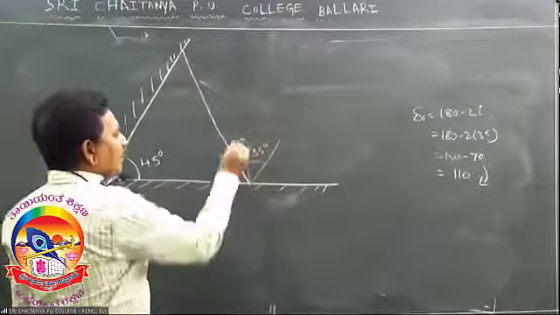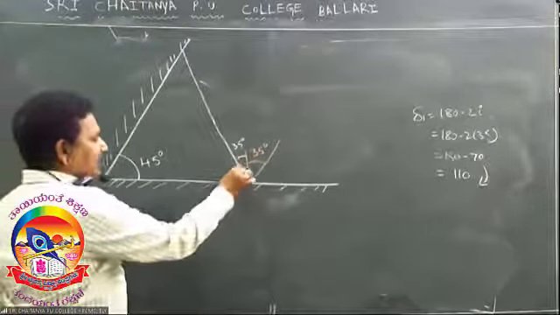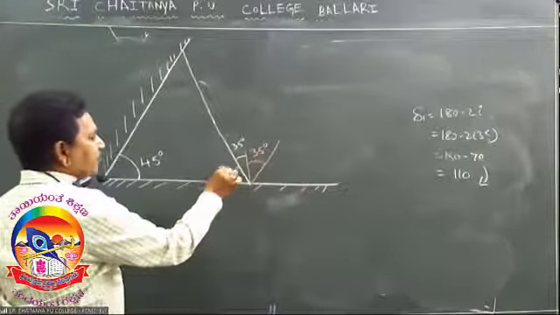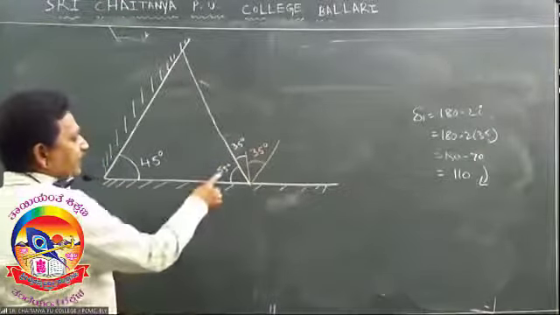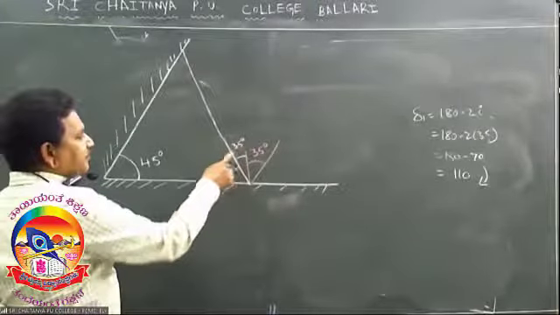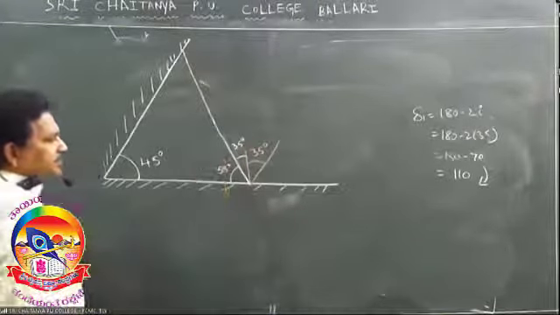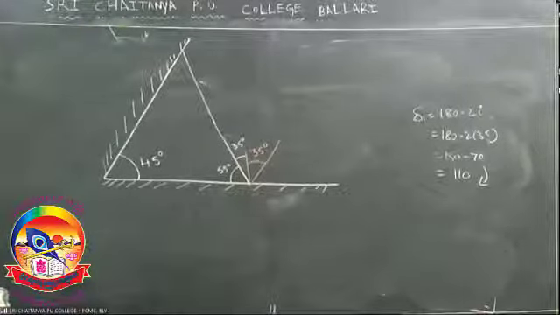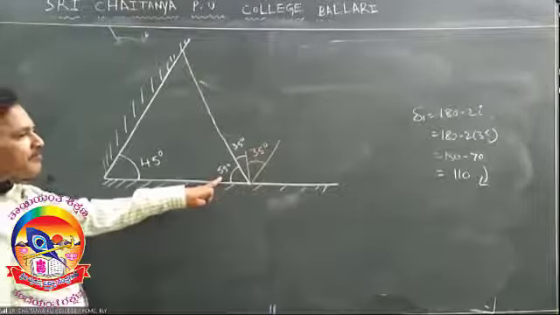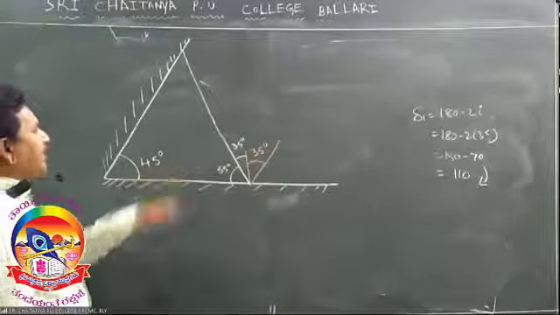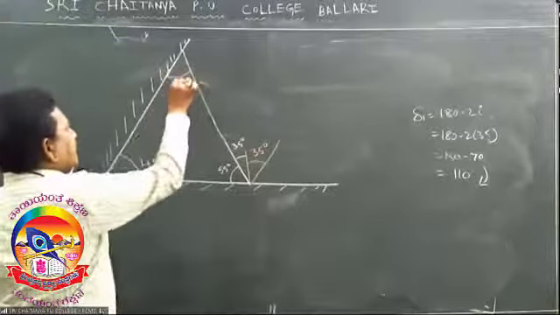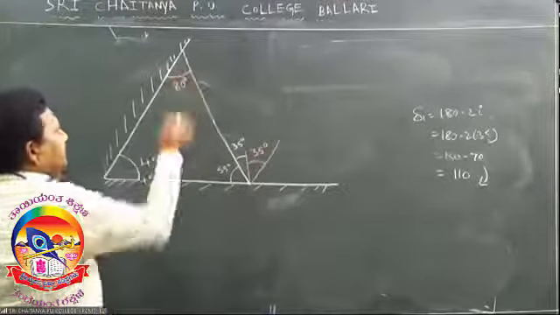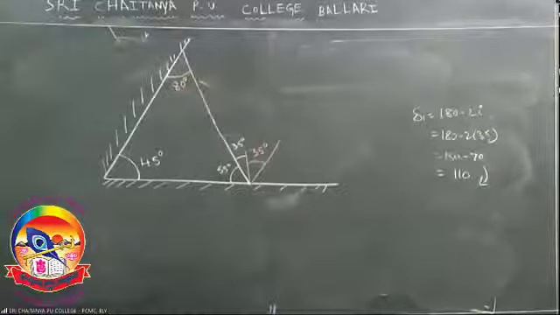If this is 35, I think this is 55. Why 55? 55 plus 35 is equal to 90. 45 plus 55 is 100. 100 means this is equal to what? 80.